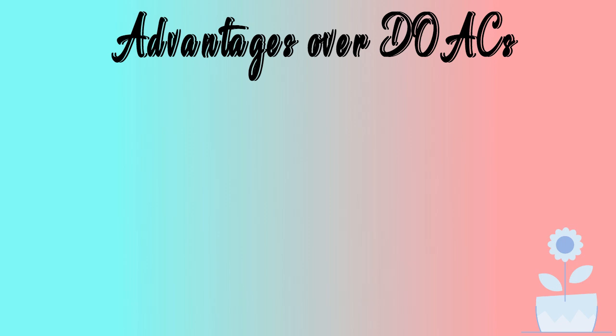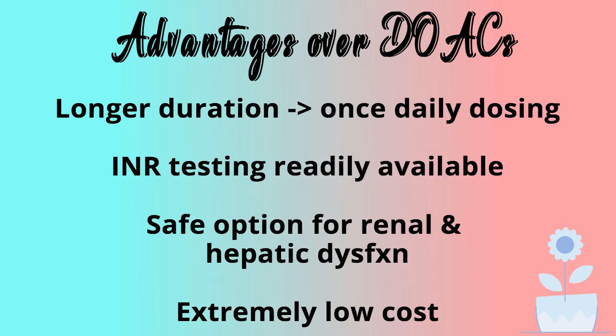So in terms of advantages of Warfarin over DOACs, it certainly has a longer duration of anticoagulant effect. So that allows for once daily dosing. Now, you may argue that some of the DOACs also have that, such as rivaroxaban, certainly edoxaban, and that is very true. But we also have betrixaban and apixaban, which are dosed twice daily.